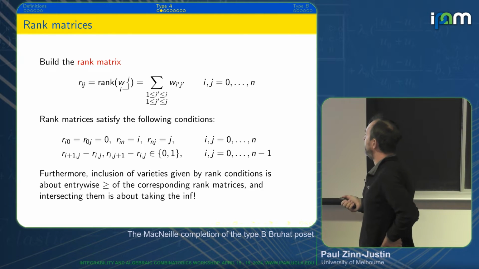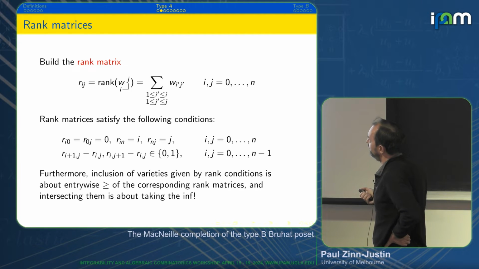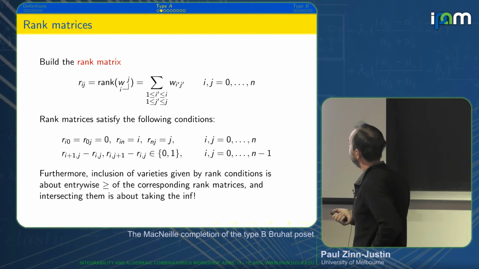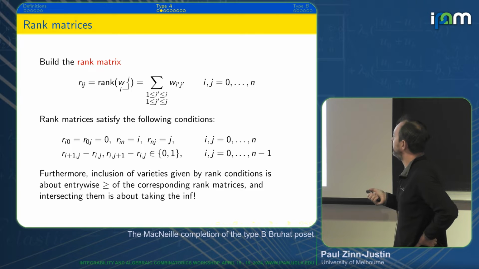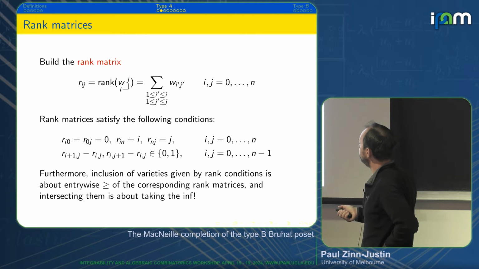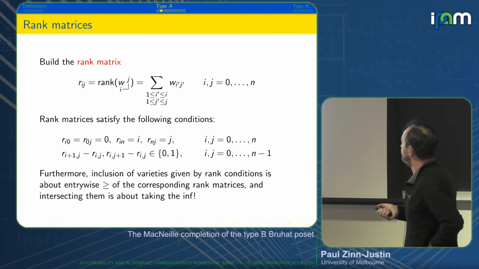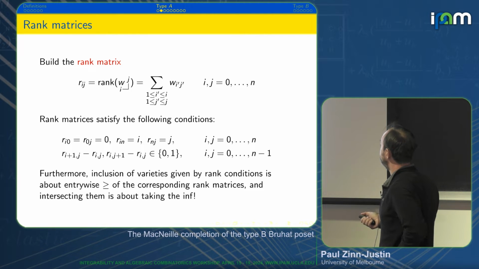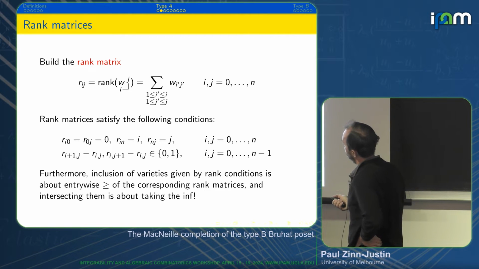But you can see that these are R_ij's, so they're arrays of integers, but they satisfy equalities and inequalities. So first, there are some obvious boundary conditions. I allowed the possibility of these indices being 0, but that, of course, means the sum is 0. So R_0,j equals 0. Also, for trivial reasons that these are permutation matrices, at the other end, R_in or R_nj have the value i or j.